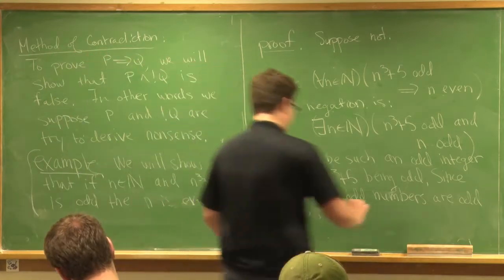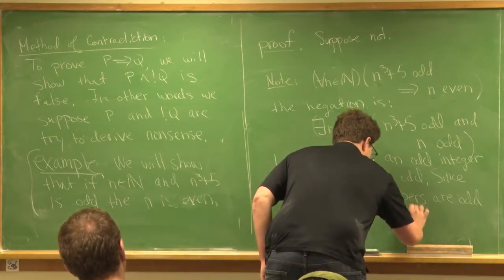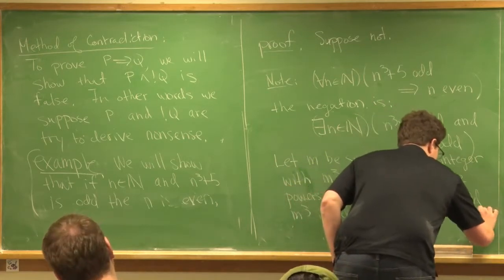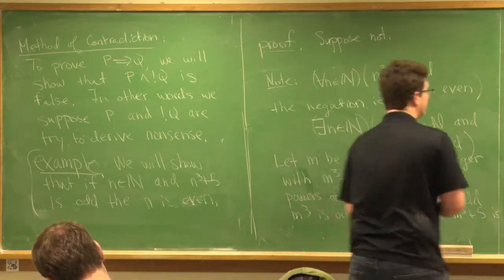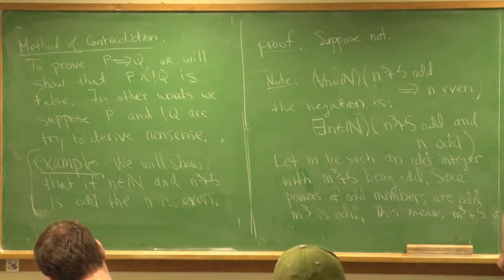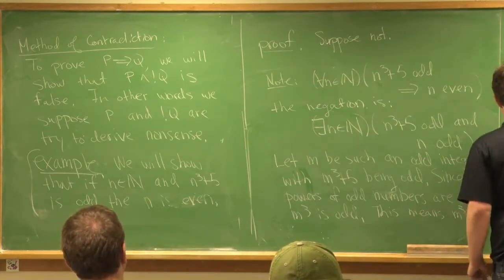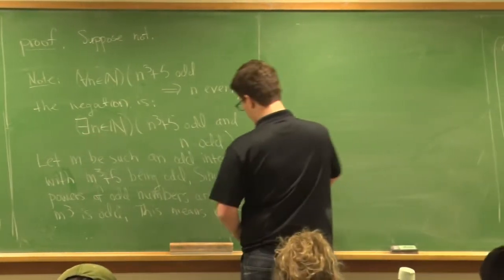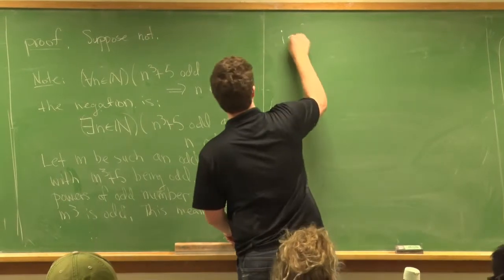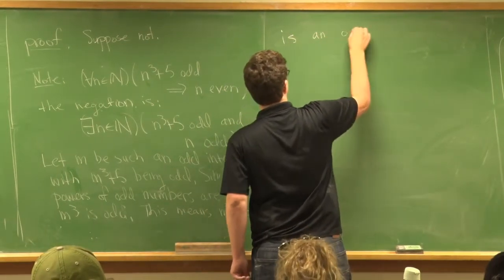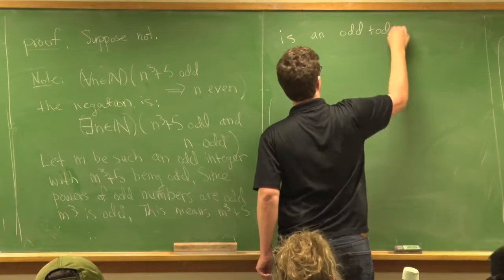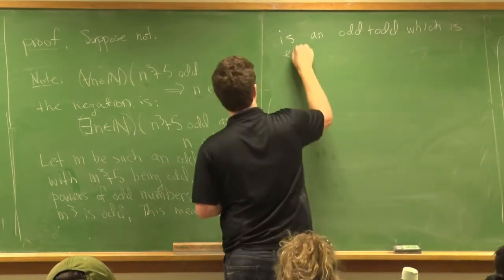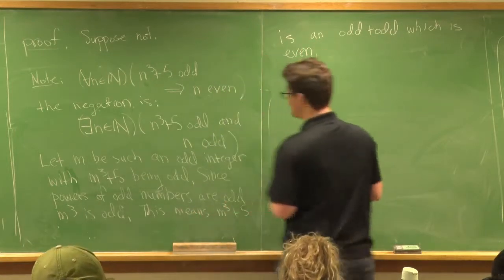Okay, so this means m cubed plus 5 is an odd number plus an odd number. M cubed plus 5 is an odd plus odd, which is even. If you add two odd numbers, it's even.